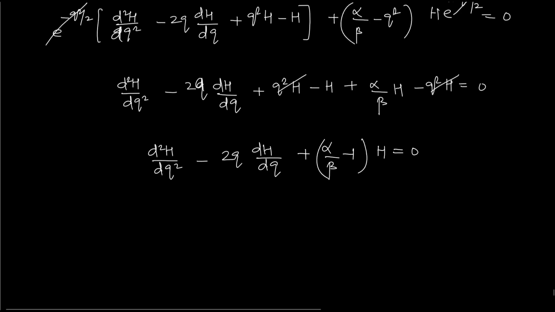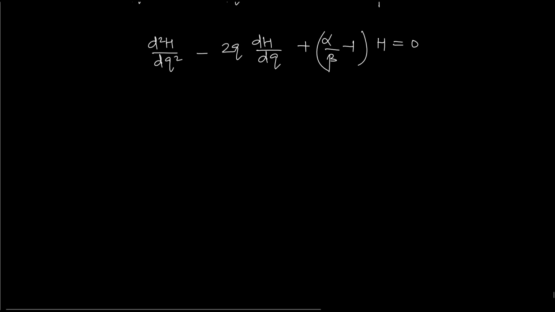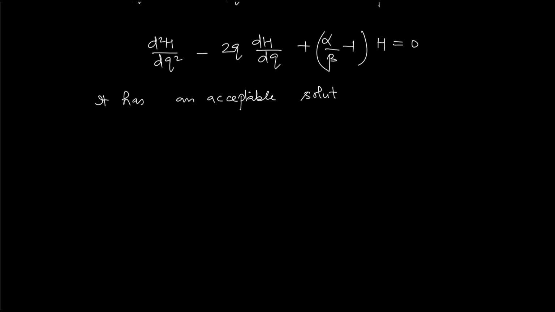So this is the Hermite polynomial equation. It has an acceptable solution only if alpha over beta is equal to 2n plus 1, where n is equal to 0, 1, 2 and so on.